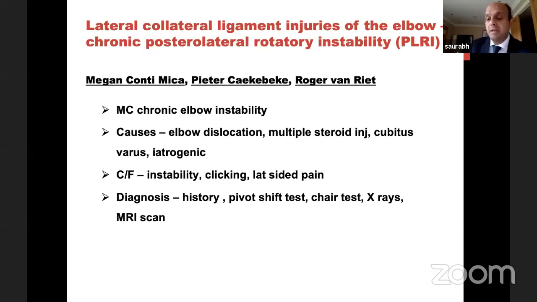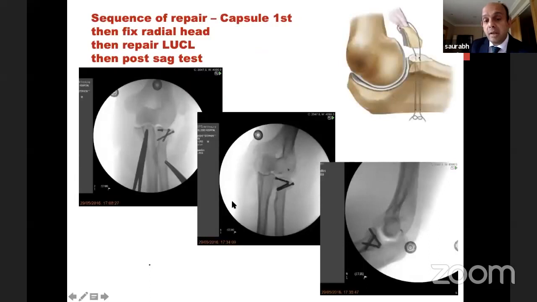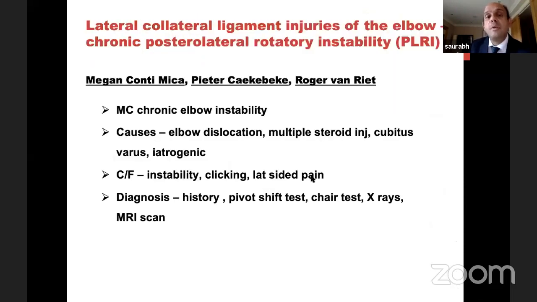The reason being, if I've not reattached my lateral ulnar collateral ligament properly, or if it comes off, then the patient will have a chronic posterolateral rotatory instability. So this is the most common instability.